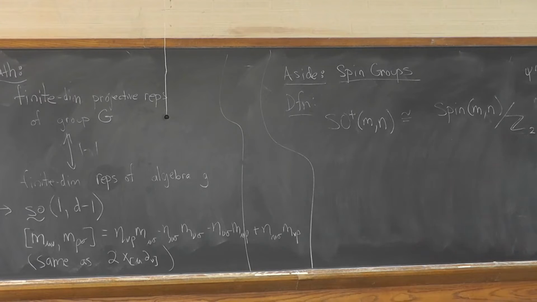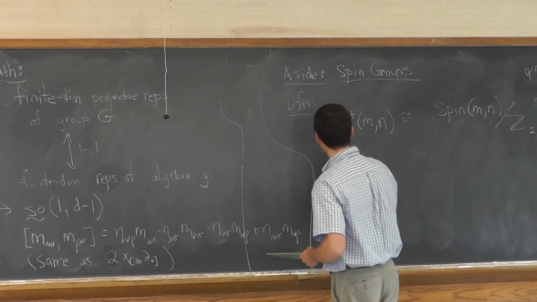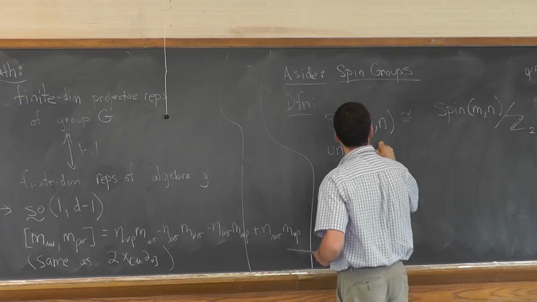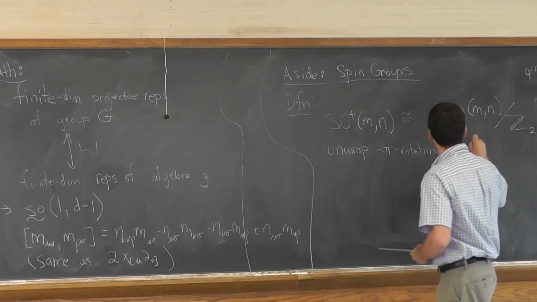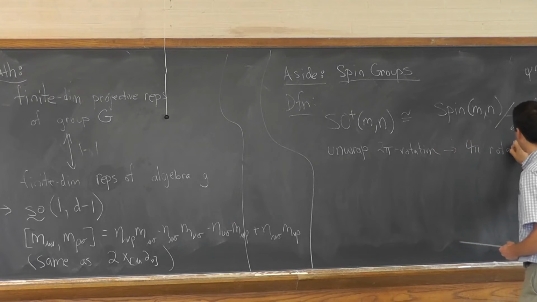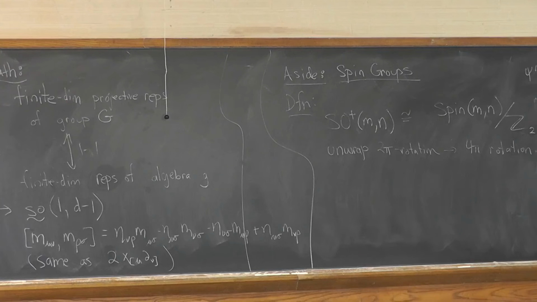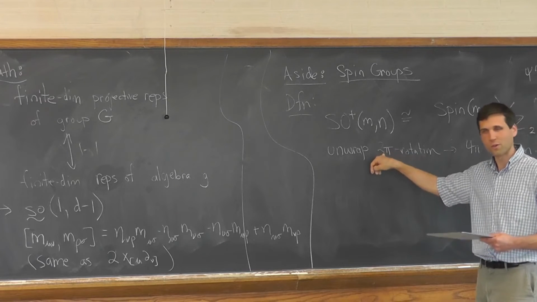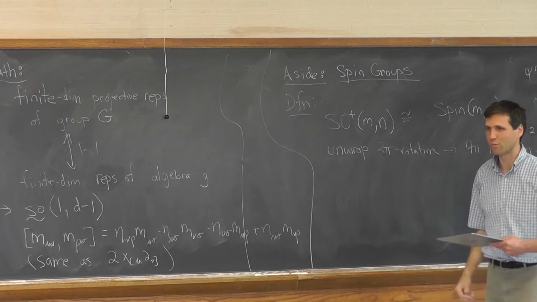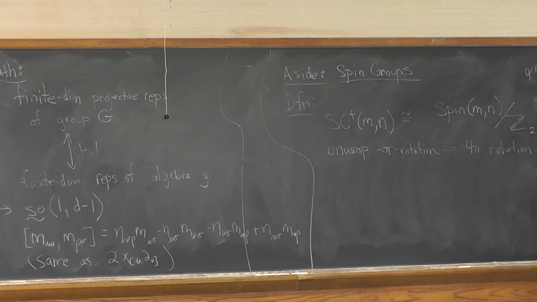So in terms of rotations, this means that you unwrap a 2 pi rotation to a 4 pi rotation, and basically you take 2 copies of the orthogonal group, and one copy is the spin elements between 0 and 2 pi, and the other copy is the spin elements between 2 pi and 4 pi.